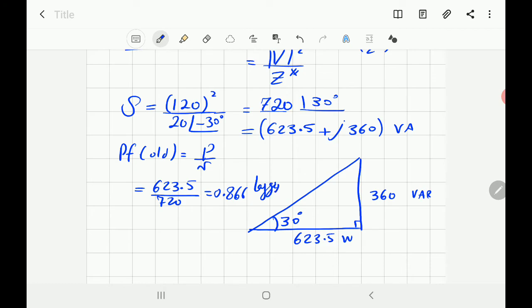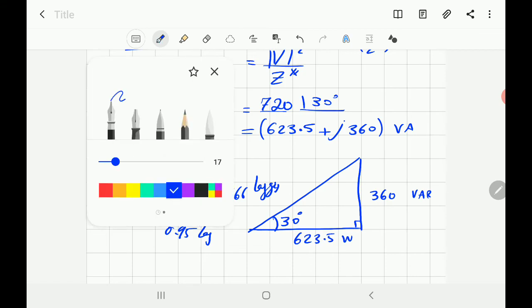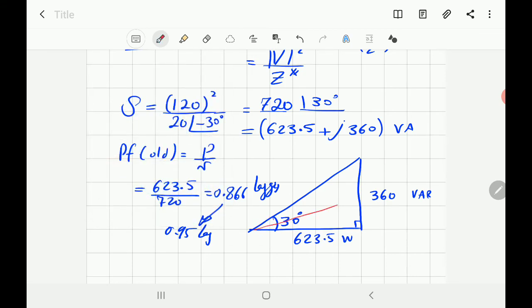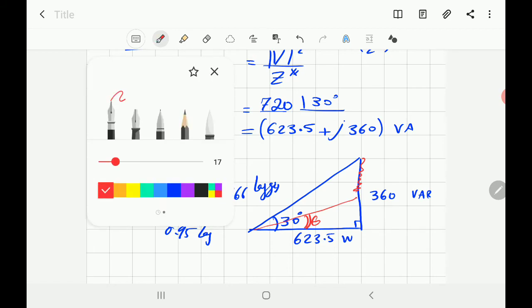They want this to be 0.95 lagging. It means that you are going to get another angle here, because they are going to reduce the Q. So they want to remove all this power. First you have to get the new angle. How can you get the new angle?